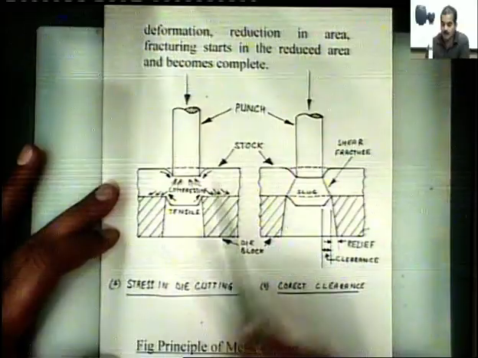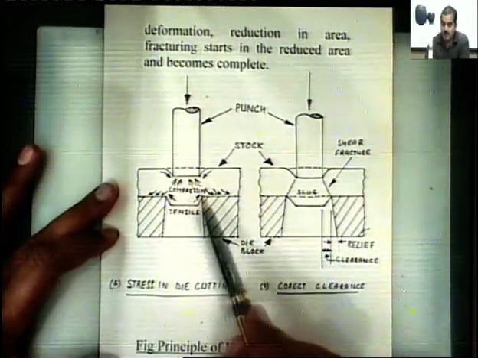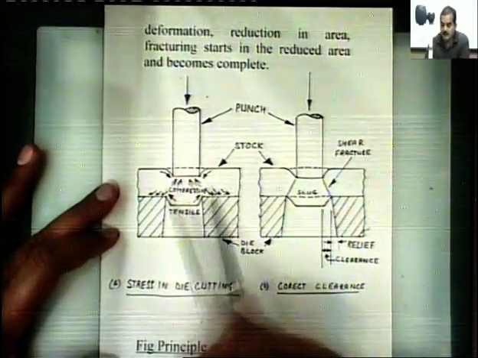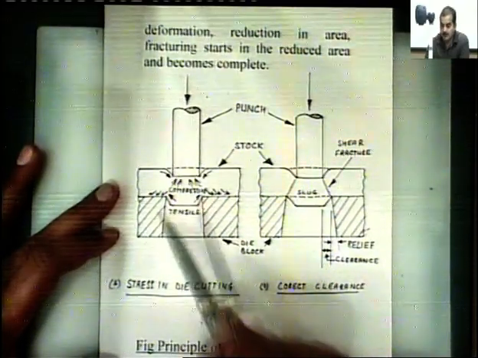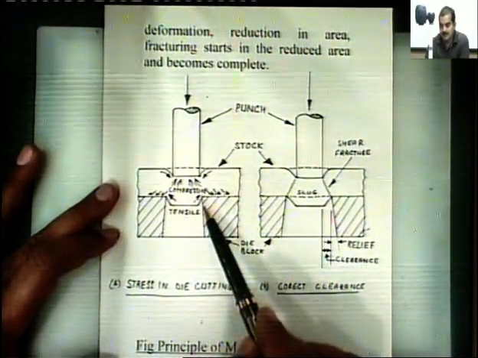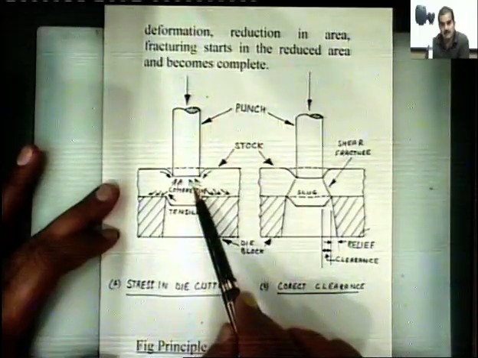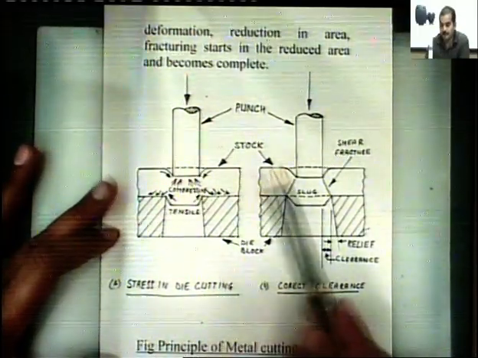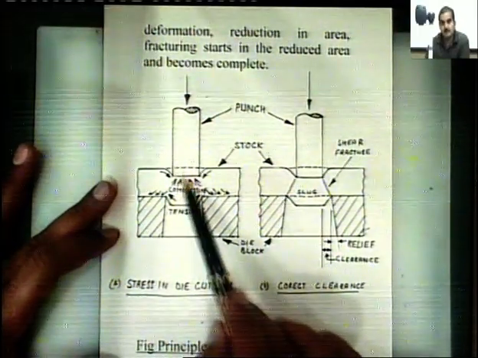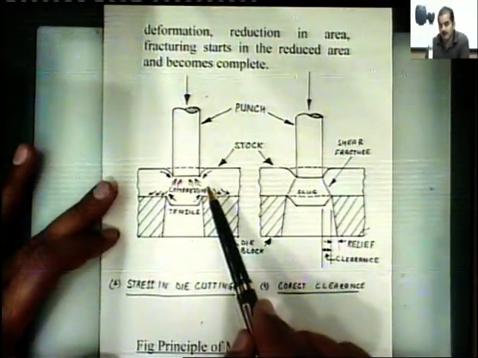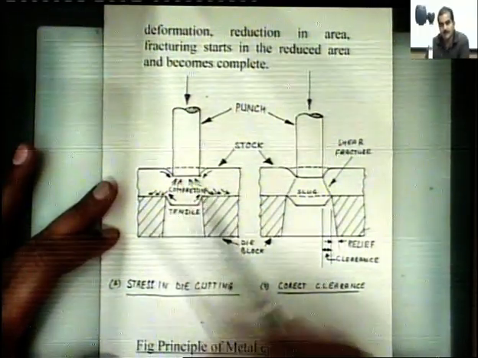Two types of stresses are produced in this work material: on the outer side they are tensile in nature, and on the inner side they are compressive in nature. Maximum tension or compression occurs at the edges.